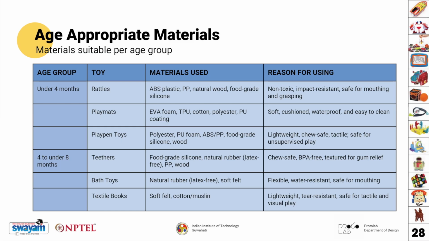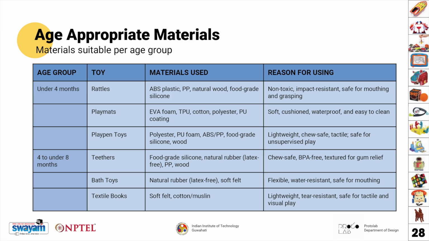Moving to the 4 to under 8 month age group, babies begin teething and exploring textures more actively. This is why teethers are typically made from food grade silicone, natural latex free rubber, PP plastic, or wood. These materials are BPA free, chew safe, and often textured to help soothe sore gums.